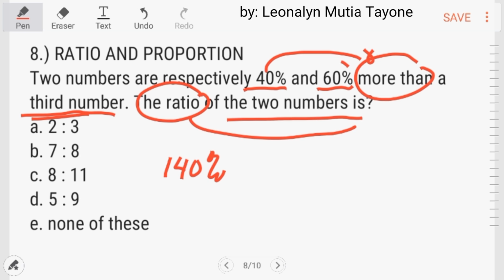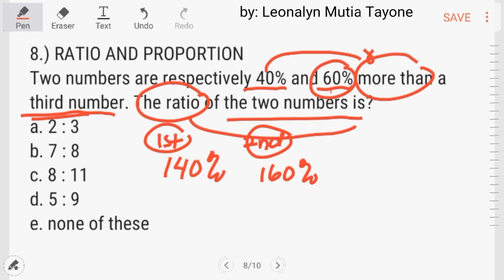Ang isa, ito yung first number. Ang second number is 60% more, and that is 160% more sa isa. Ang third number, siya yung gawin nating 100%. Siya yung kabuuhan ng number.